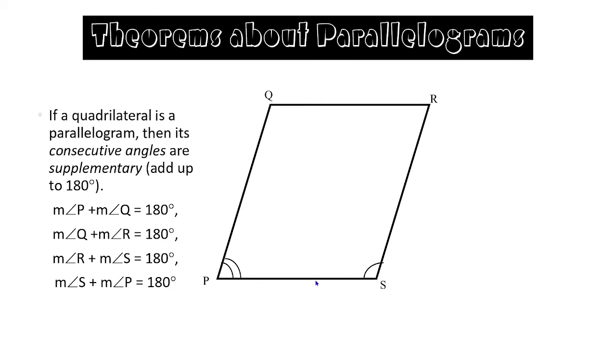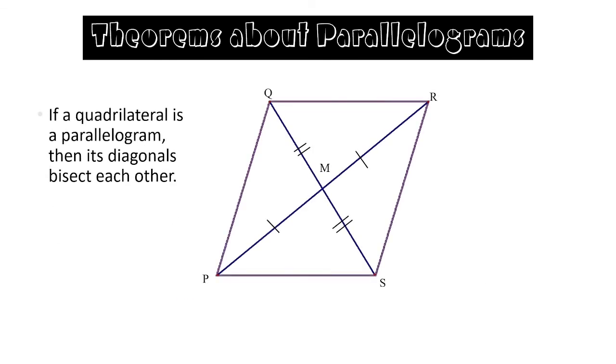Ayun. Next tayo. If a quadrilateral is a parallelogram, then its diagonals bisect each other. And when the diagonals bisect each other, the two diagonals divide into congruent segments.